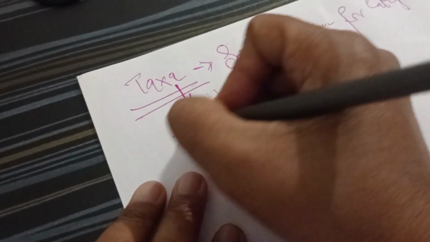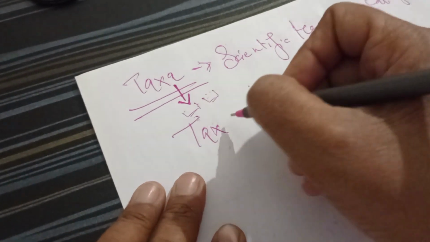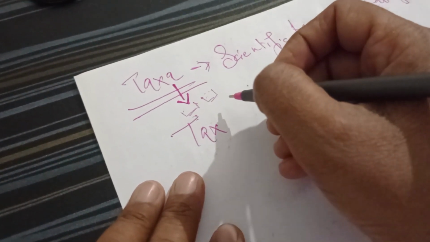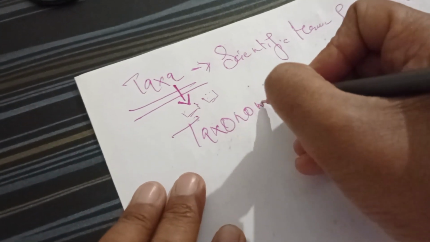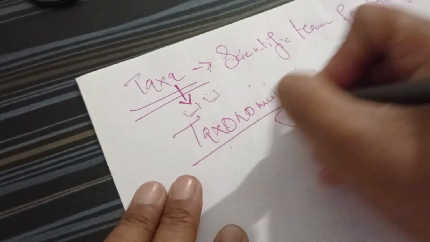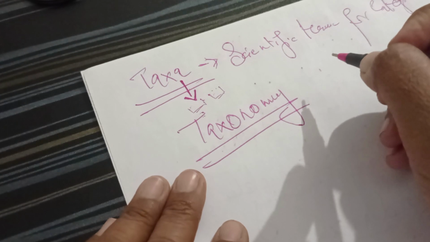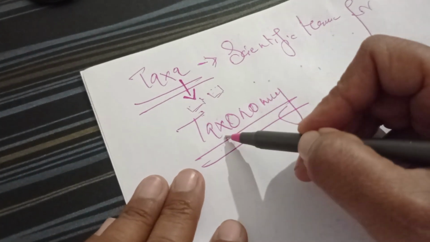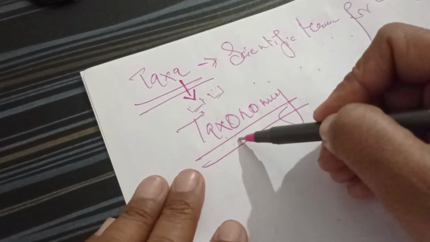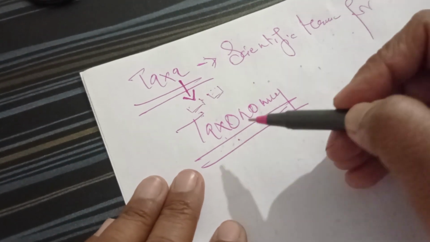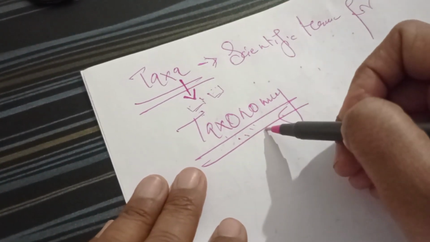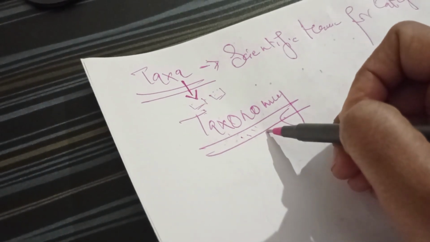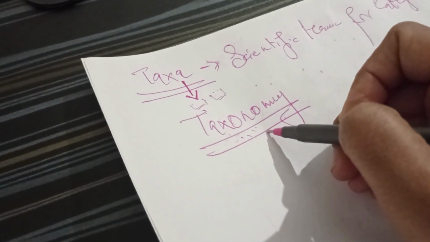So this process of grouping or categorizing or classification of the living organisms is known as taxonomy. Taxonomy, grouping into taxa. Taxonomy is the process of classification of living organisms. Okay.